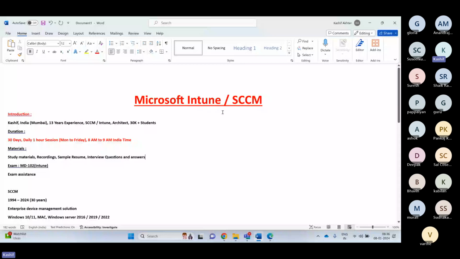If you are going with SCCM, then I will start a new batch. In the SCCM batch, I have not decided, but the Intune batch is decided. This is for Intune basically, 8 to 9 Intune. If people are looking for SCCM training, then I will have a different batch for SCCM. This course is purely for Intune. Okay, sir. Thank you. Okay, thanks.